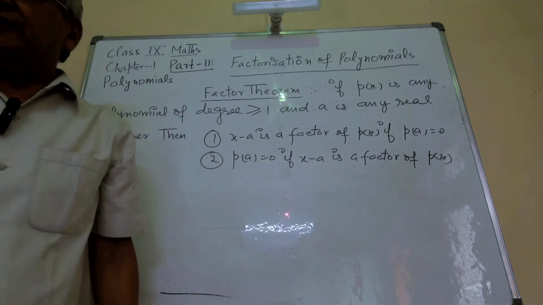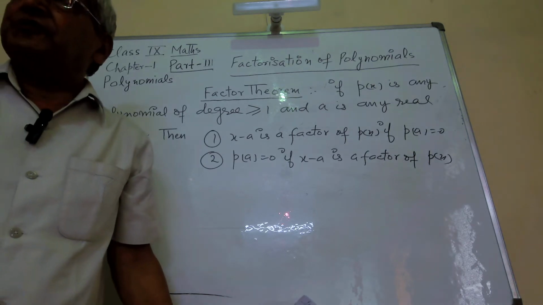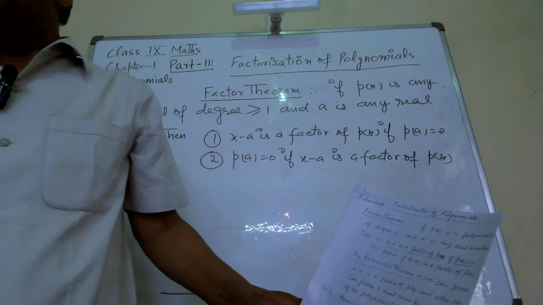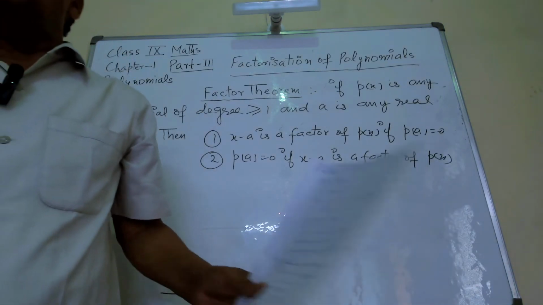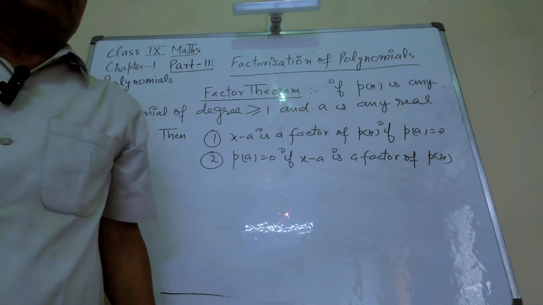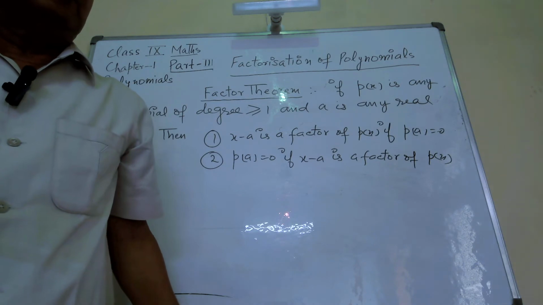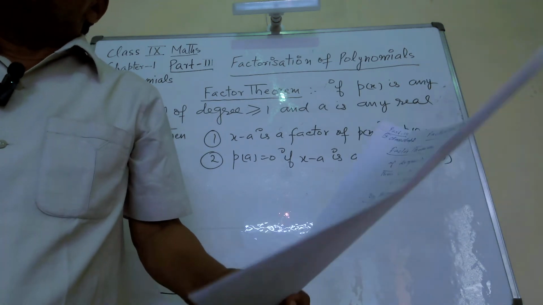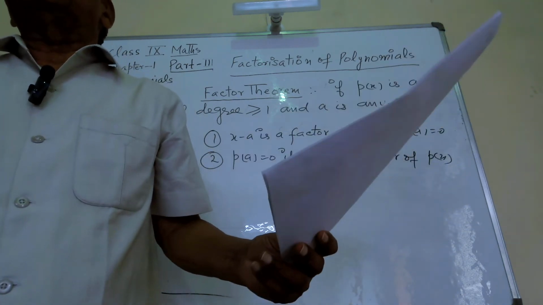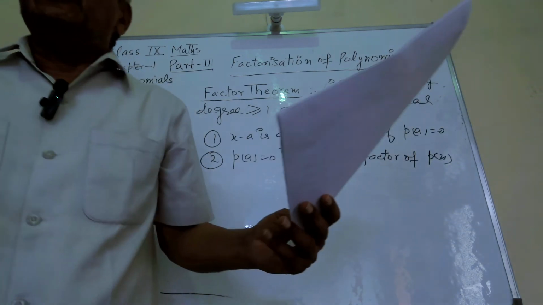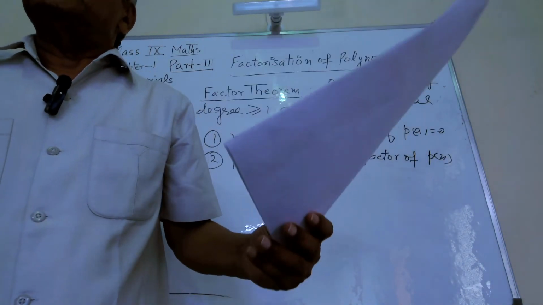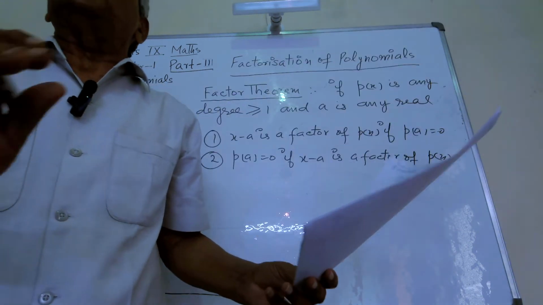My dear students, with the help of this factor theorem, we can find out the factors of any polynomial. But one thing I want to tell you: yesterday I told you that the remainder theorem is very important for getting the factors, because with the help of the remainder theorem we can check whether the second polynomial is a factor of the first or not.